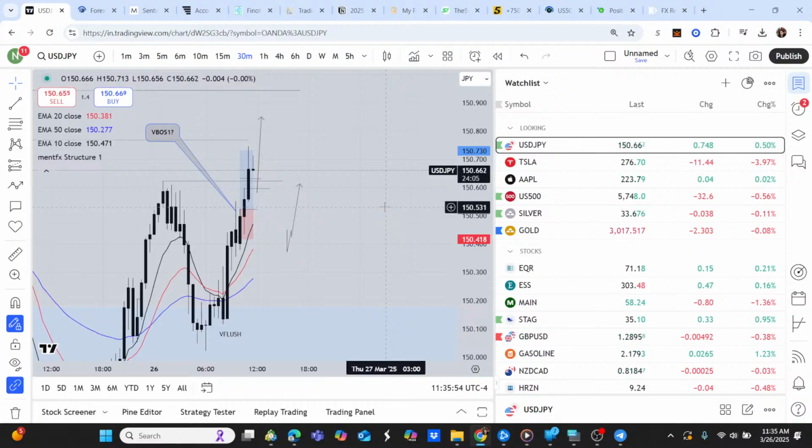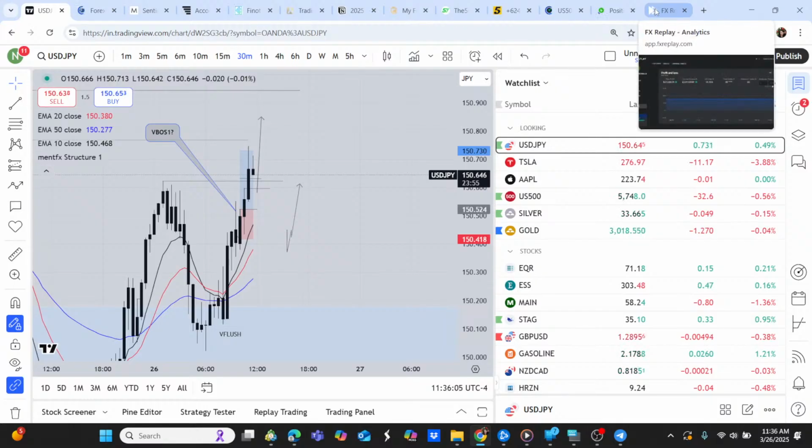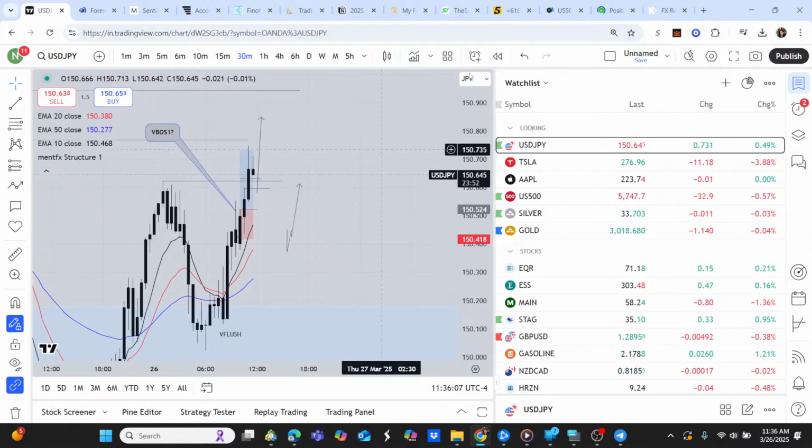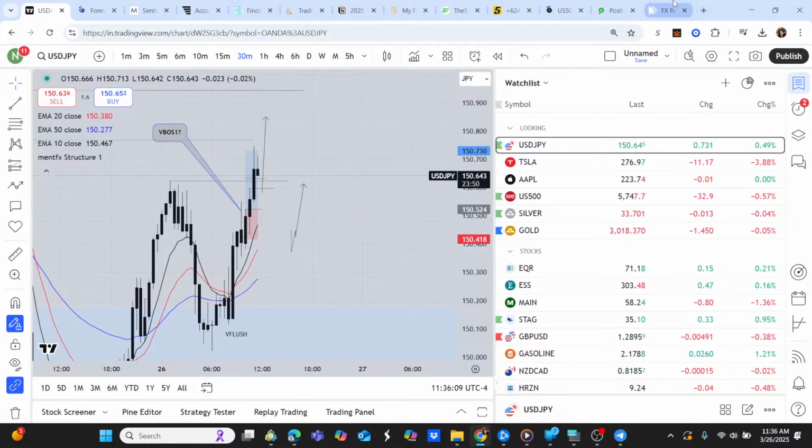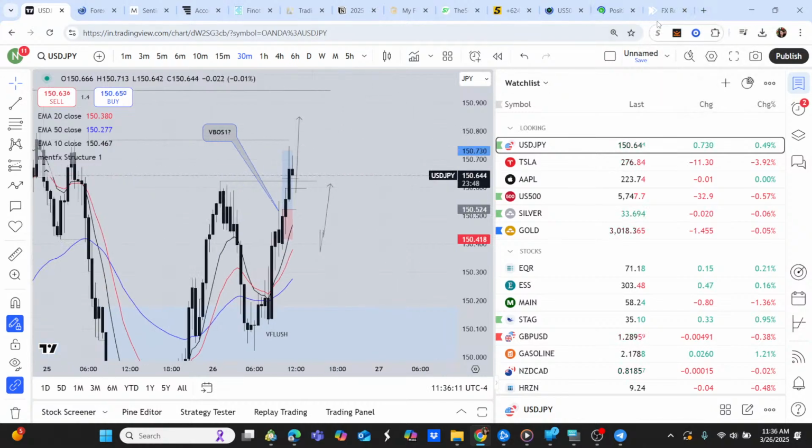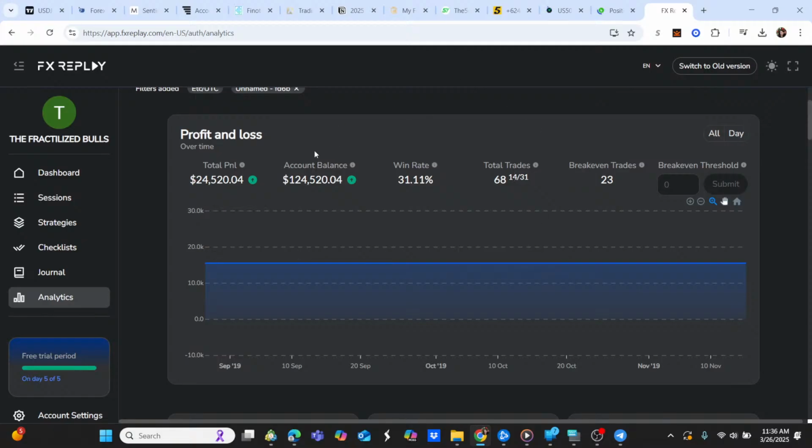You don't necessarily have to use it. You can still use TradingView, but it's still better if you did use FX Replay. I had a previous account, I don't even remember what it was, where I was testing my system, but I just created this one for a YouTube video.